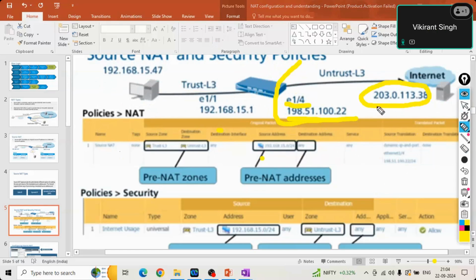In the security policy, we will let the firewall know this is your source IP and this is your destination IP. NAT by itself doesn't mean anything unless you add the policy. NAT by itself is very generic, nothing specific.